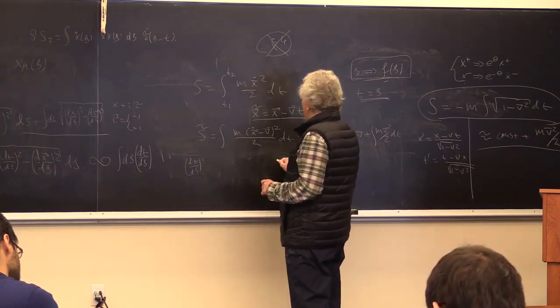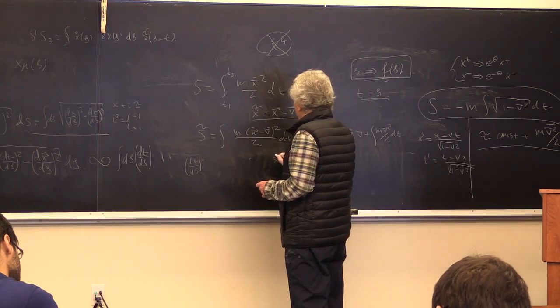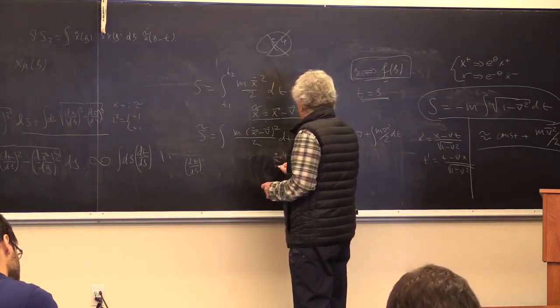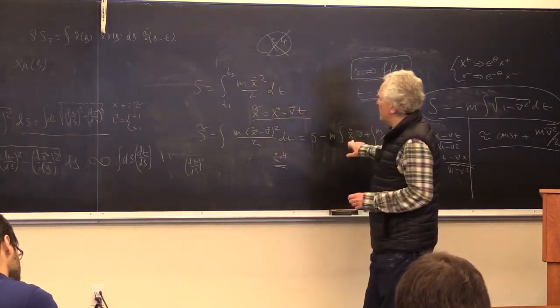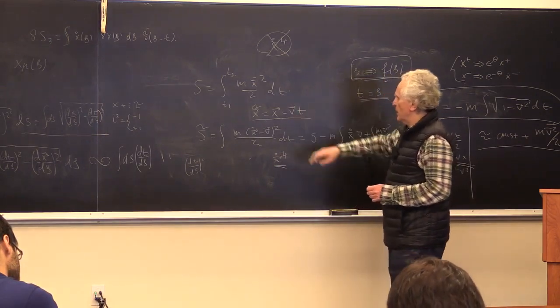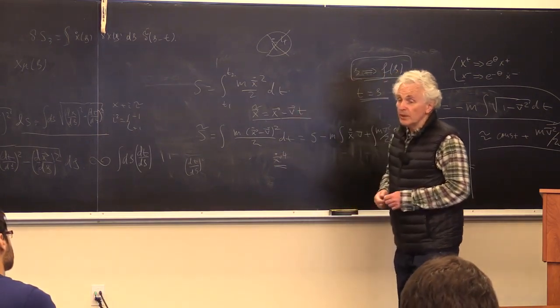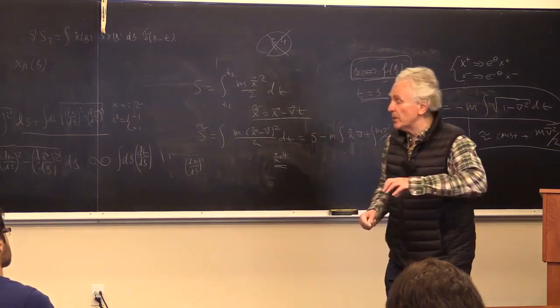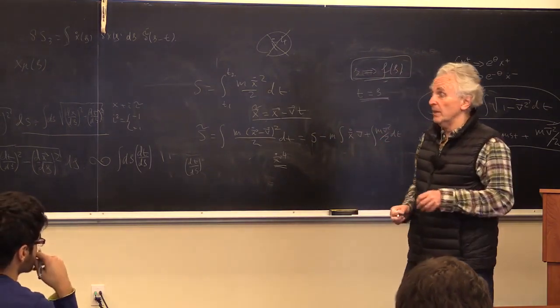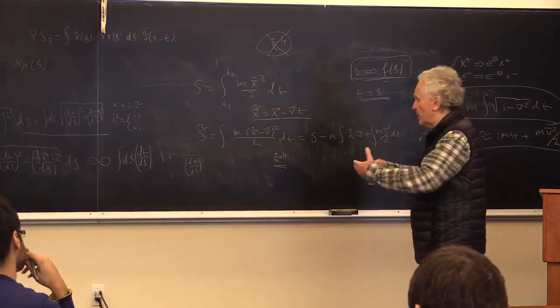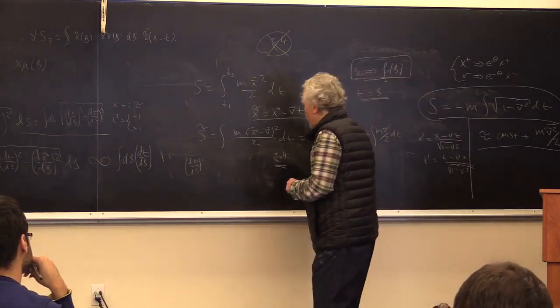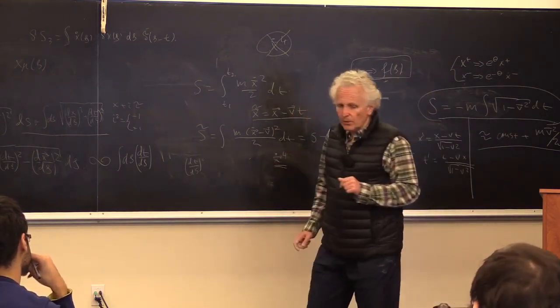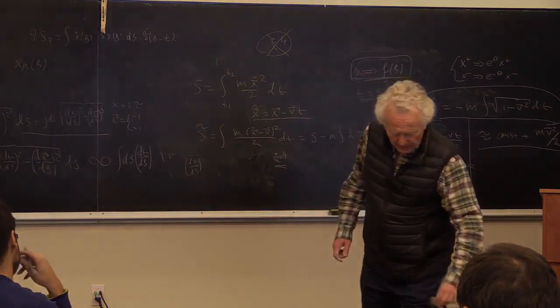It's clear that if you have x dot to the fourth, for example, then the term coming from this transformation will not be a total derivative. So this new action will generate a different equation of motion. Okay, let's stop here. We will continue next time.